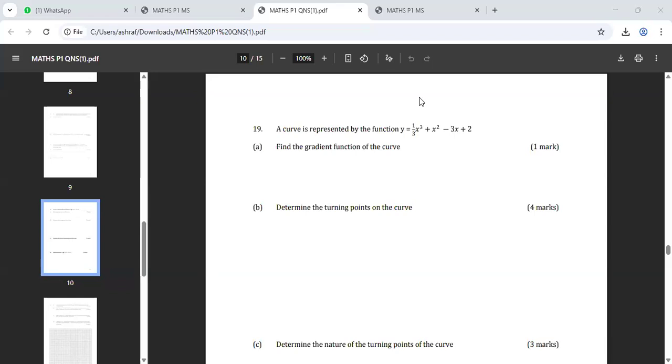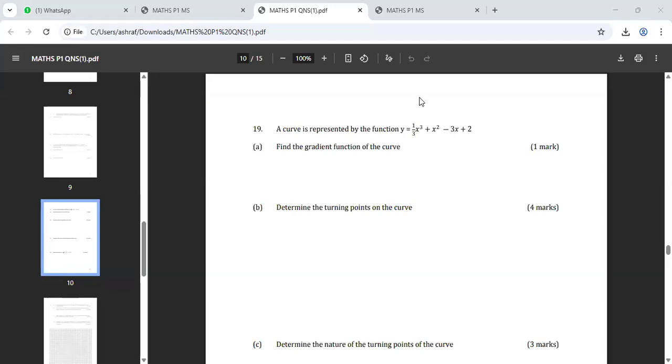If you work out, you'll get x is equal to positive 1 and the other x is negative 3. Are you substituting the x into the gradient function or the equation of the curve? No, you substitute the x into the equation of the curve so that you get the corresponding value of y.